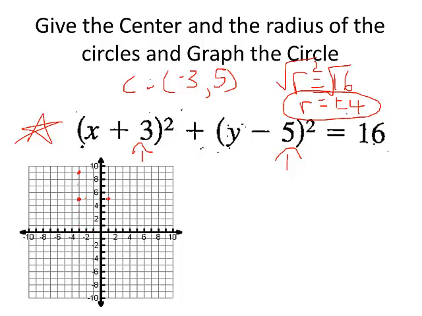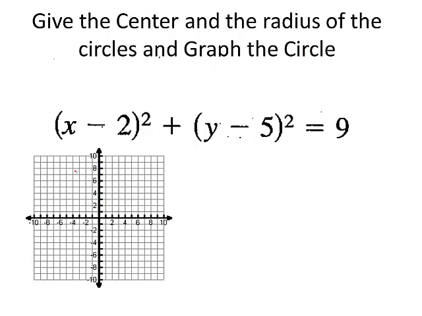Down 4: 1, 2, 3, 4. And to the left 4: 1, 2, 3, 4. With this, you draw the circle the best you can. It doesn't have to be perfect, but you have to realize how to graph the center point and use the radius from the center to graph the other points of the circle.